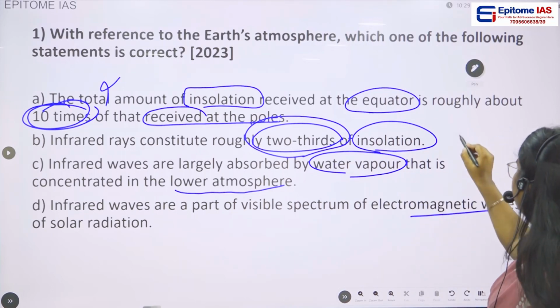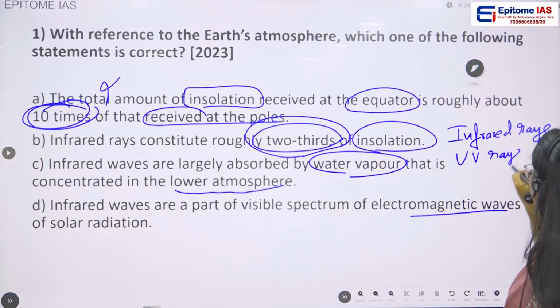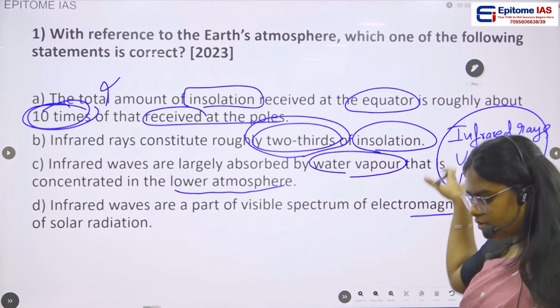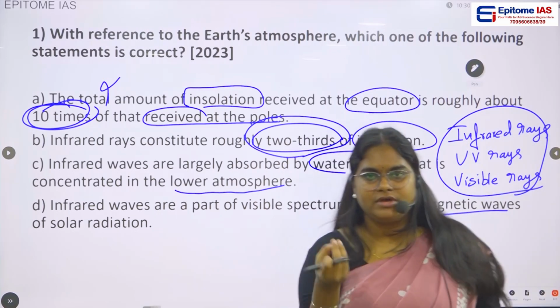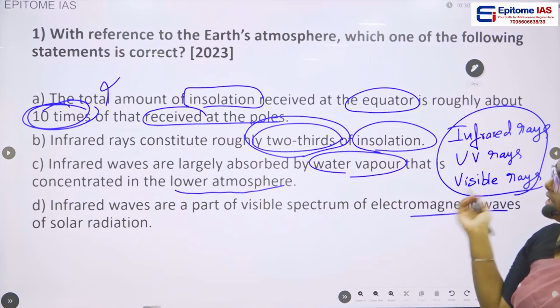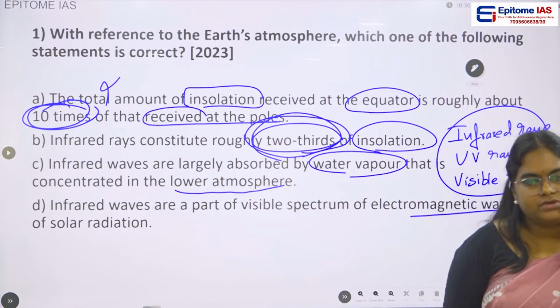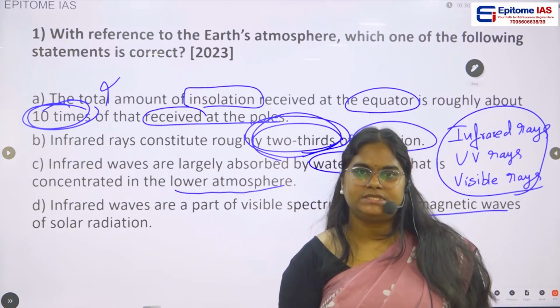For example, it has infrared rays, and it has UV rays, and it has visible rays. So the sun's insolation contains all these three types of rays. But what they are saying in option B is that infrared rays constitute roughly two-thirds of the insolation. So one thing you have to notice here.